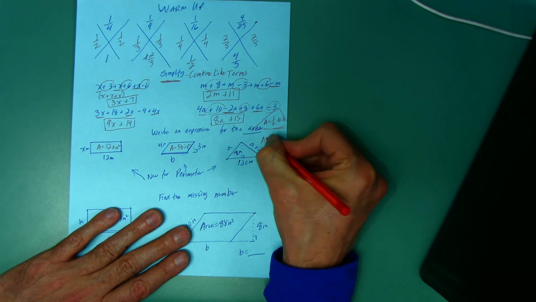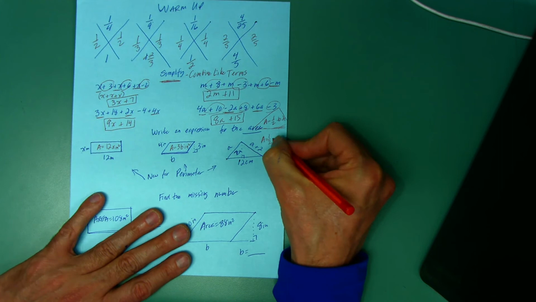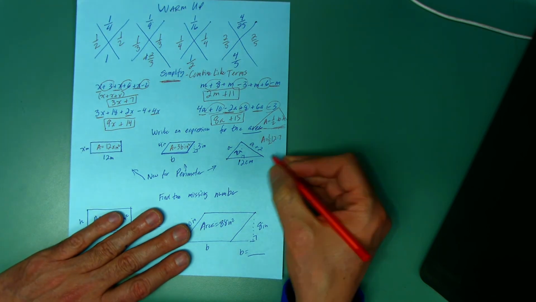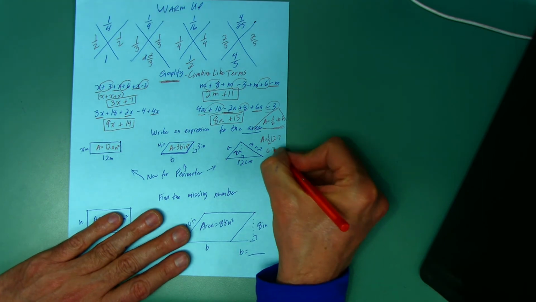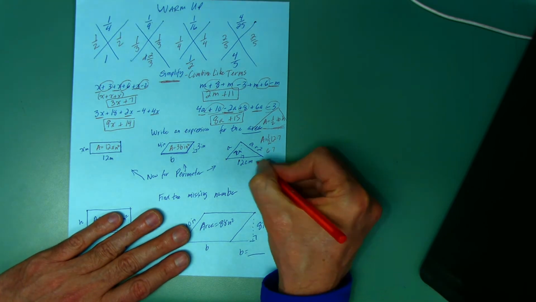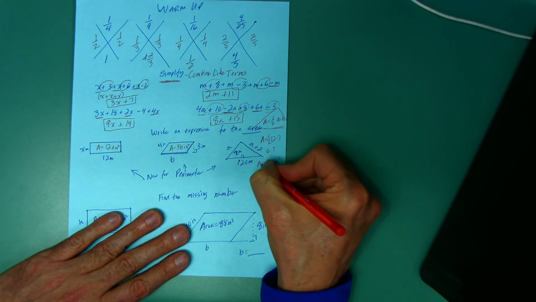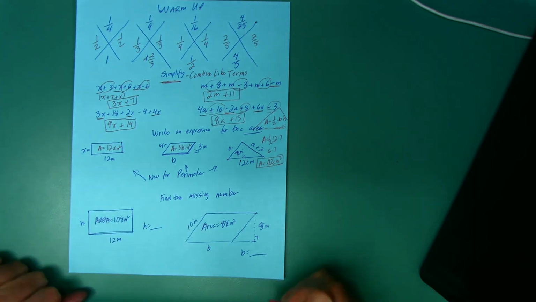Now, what is half of 12? It's 6. So I can actually simplify this all the way down to an answer. Half of 12 is 6, and 6 times 7, 42, and this is square centimeters. So my expression, I could simplify down to a number, basically get the answer.